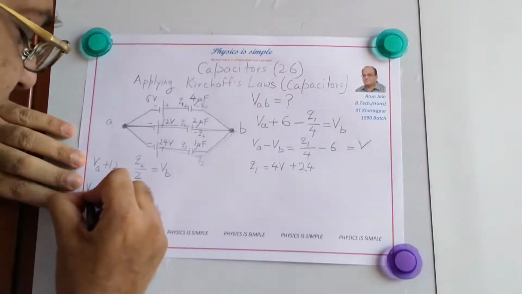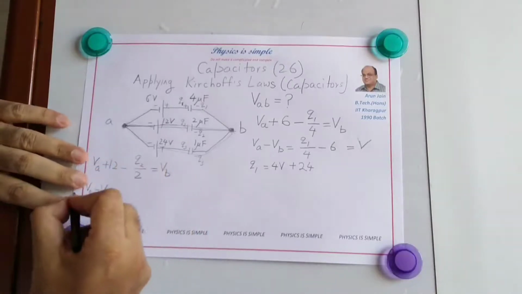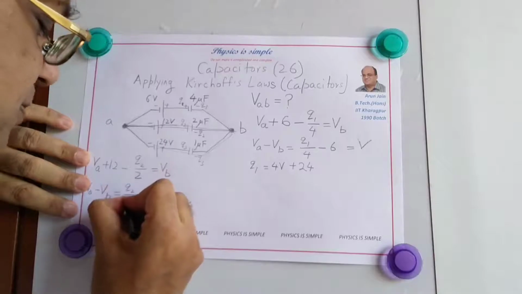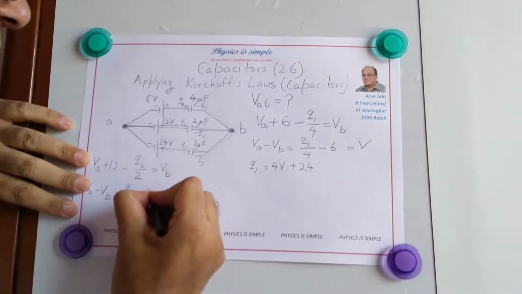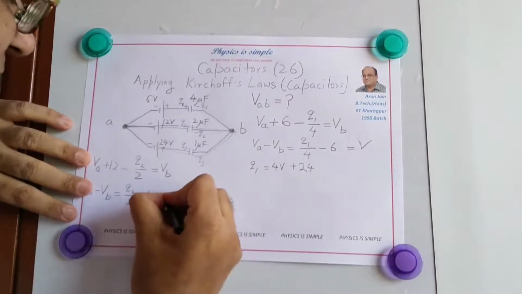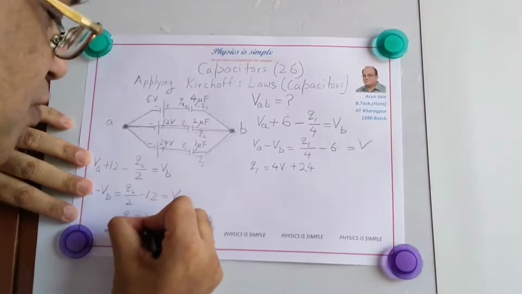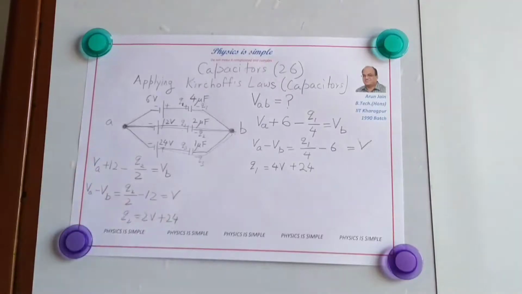So VA minus VB becomes Q2 by 2 minus 12, and this is equal to V. So Q2 will become 2V plus 24. So that is Q2.